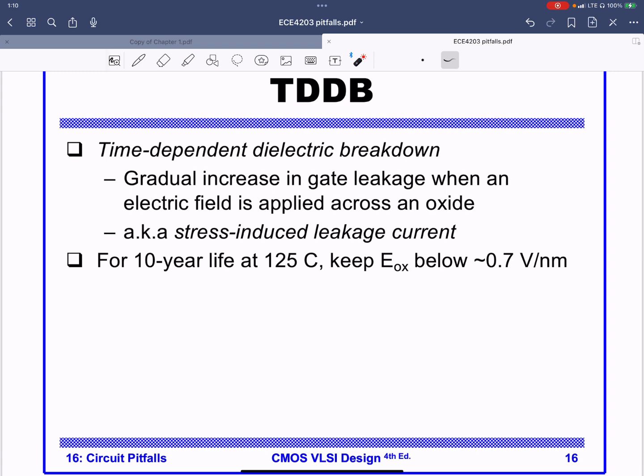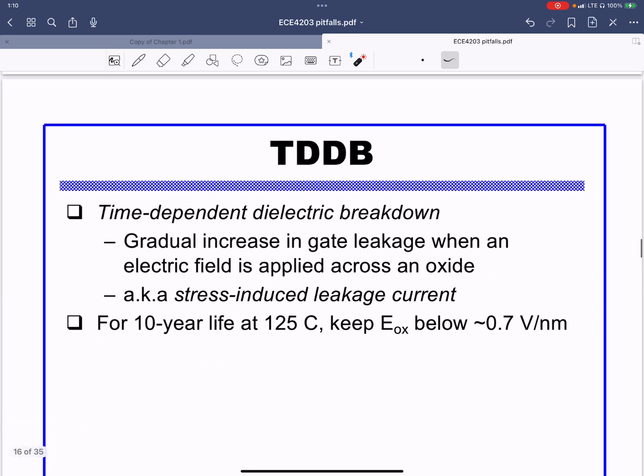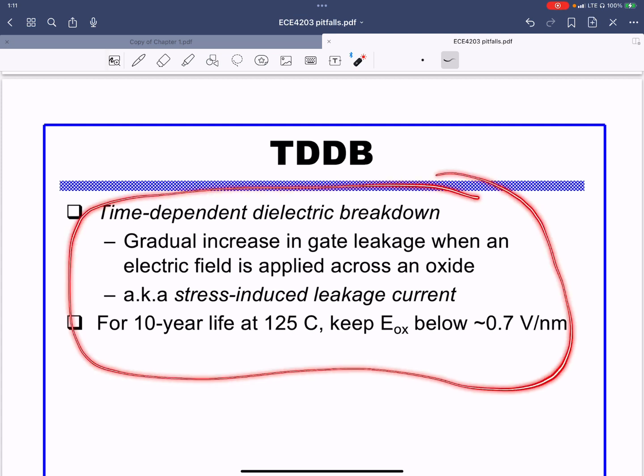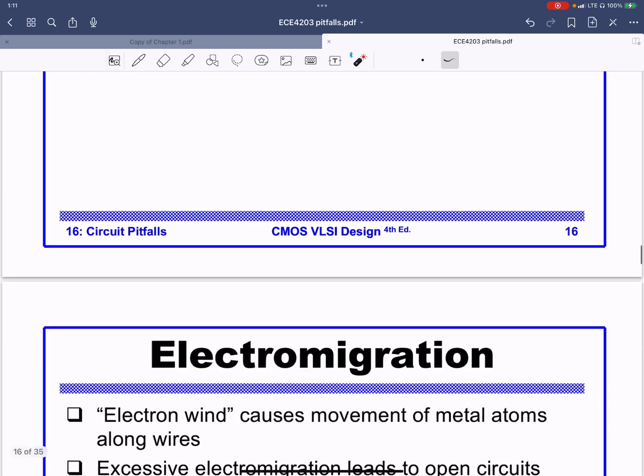Another cause of failure is time-dependent dielectric breakdown, which is when stress across the gate oxide increases over time and increases the gate leakage. That also increases with temperature. Nothing seems to like high temperature much. And just the electric field can break down the dielectric by itself.